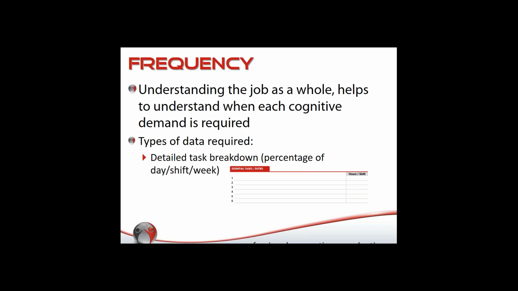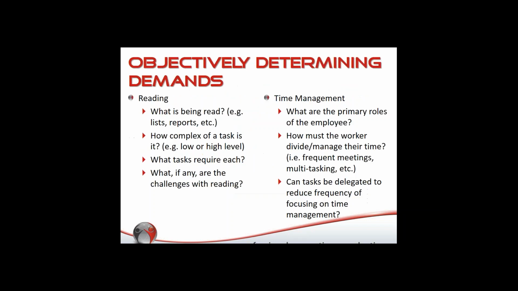There are much higher cognitive demands happening because you have to take in lots of information, process it, and respond accordingly for safety purposes as well as to follow the rules of the road, right? So we have a lot of different cognitive elements happening in each different task. So when we're objectively determining the demands, I've given you just a couple quick examples.